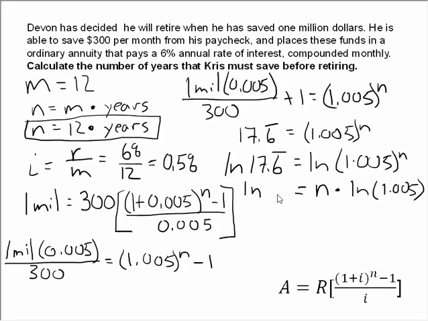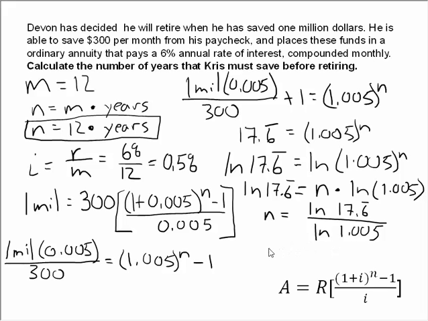And I still have the natural log of 17.6 on this side. Now I'm going to divide both sides by the natural log of 1.005, and I'll put n over on the left-hand side. Natural log of 17.6 repeating divided by the natural log of 1.005.